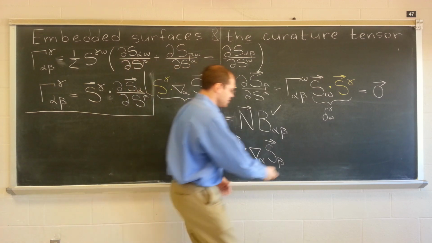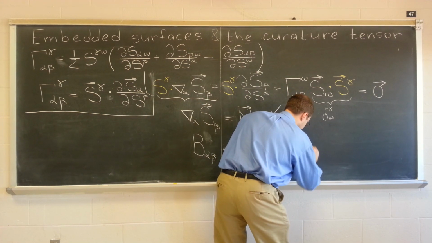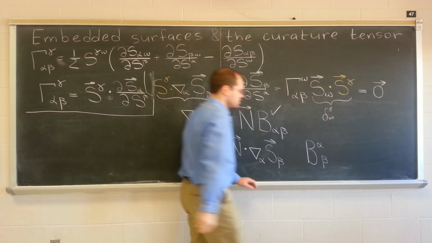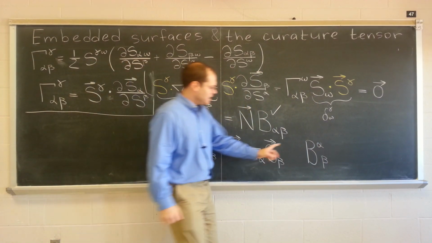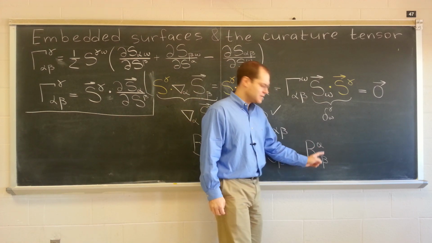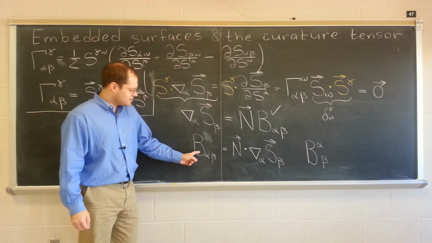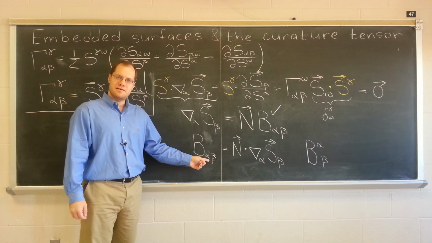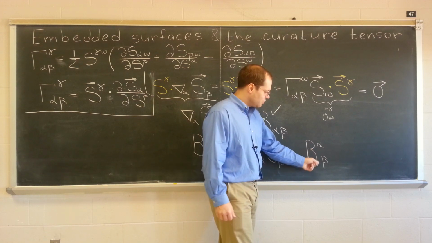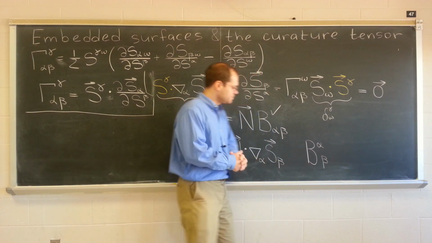So we can certainly consider B alpha beta with the first index raised, and we don't have to pay particular attention to which index is first and which index is second. That's only because this symbol is symmetric in alpha and beta. Otherwise, I would have taken great care to pay attention to the order of alpha and beta.